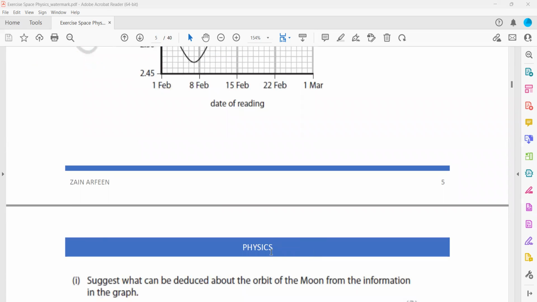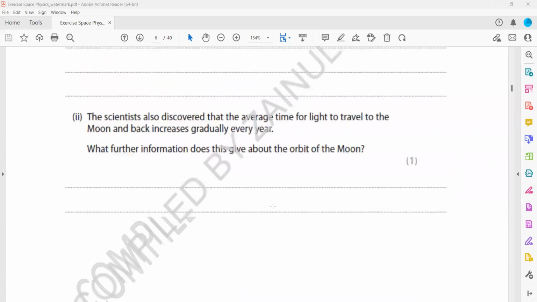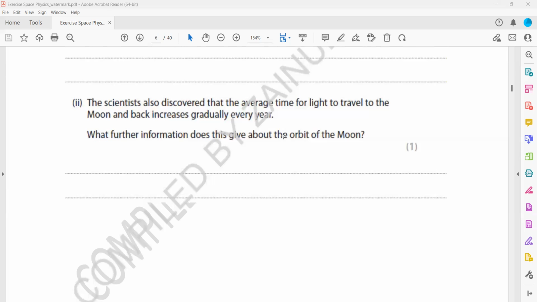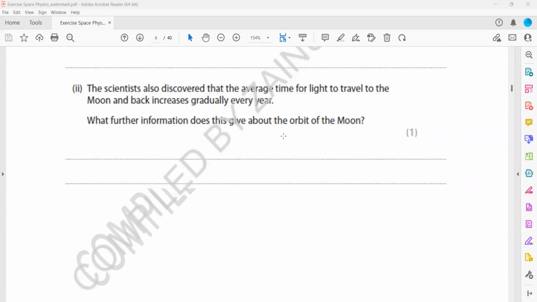Yes. Okay, then the last one. The scientists also discovered that the average time for a light to travel to the moon and back is increasing every year. What further information does this give about the orbit of the moon?